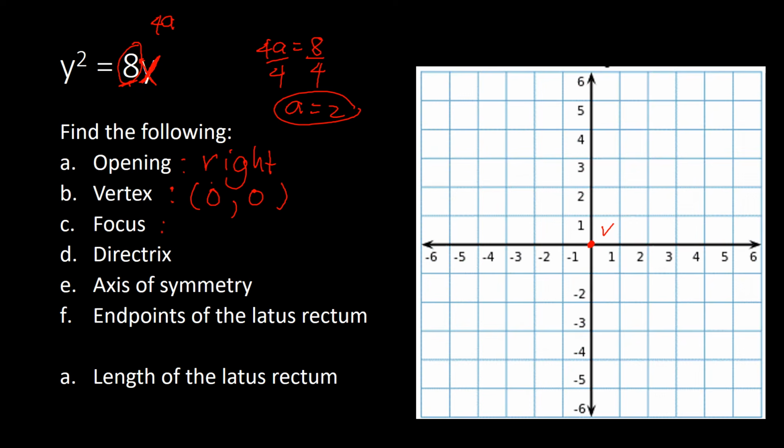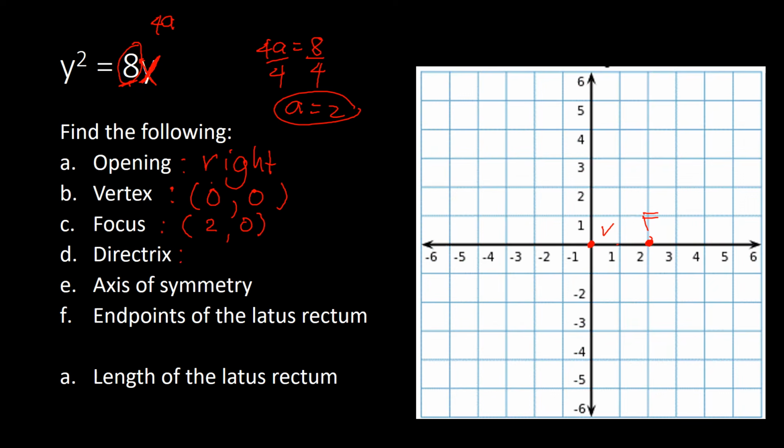Since this is to the right, the number of units to the right from the vertex is 2 units. So we have 1, 2. So this should be our focus. And then identifying the coordinate of the focus, we have that one as our x here is 2, our y is a 0.